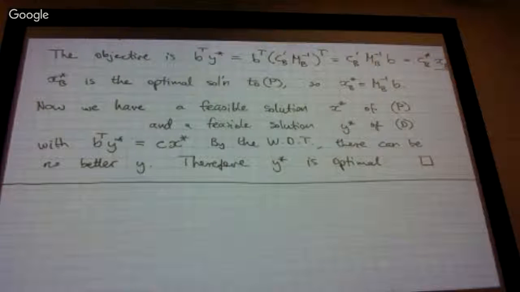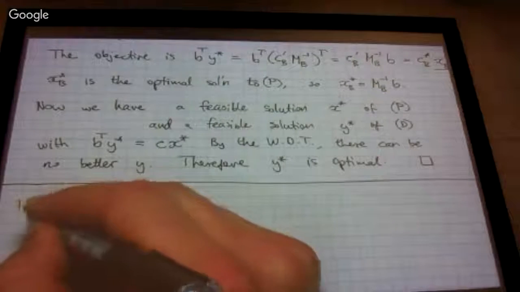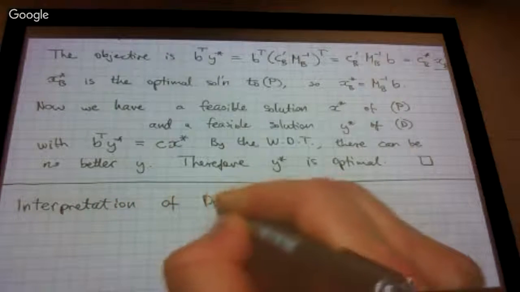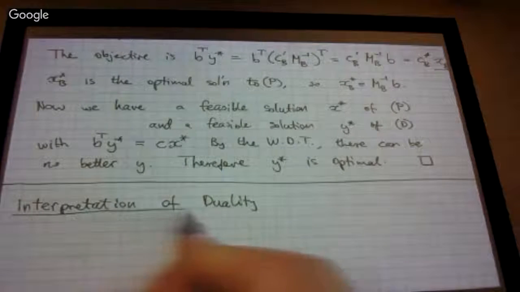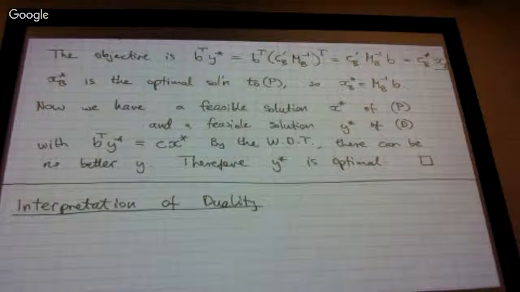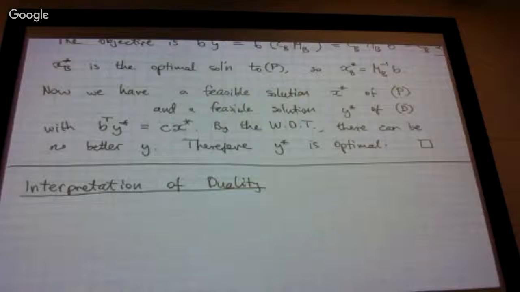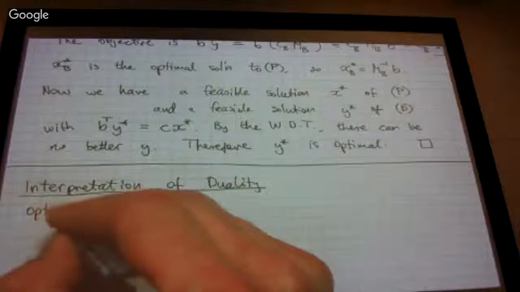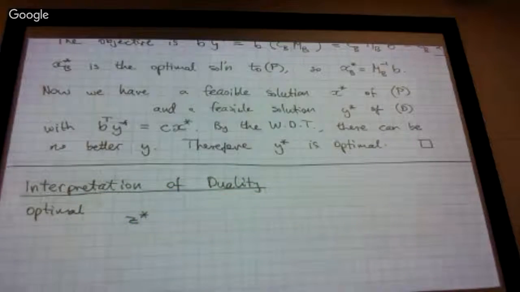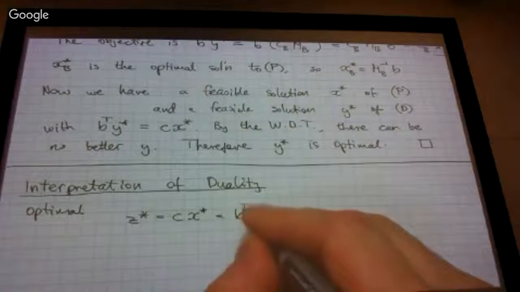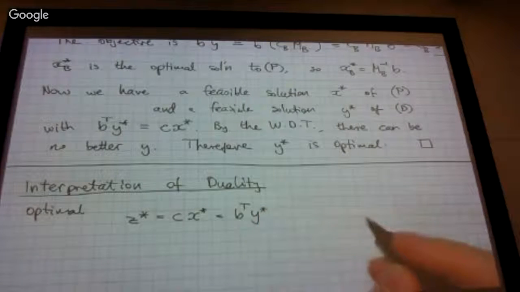Okay. One last thing about this is the interpretation of duality. So now, because of the strong duality theorem, if we're assuming that we have an optimal solution, what do we get? We have this optimal objective, which is equal to C times some optimal solution of the primal, but it's also equal to BT times the optimal solution of the dual.